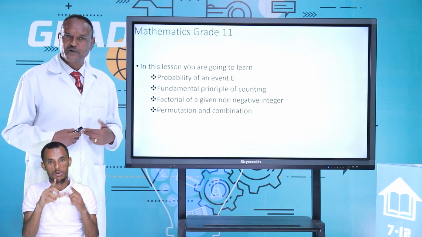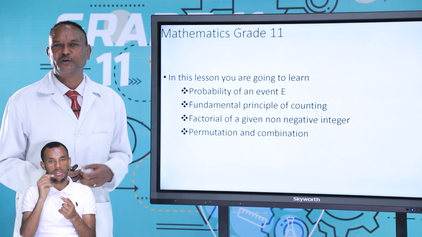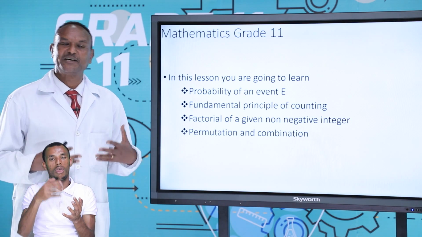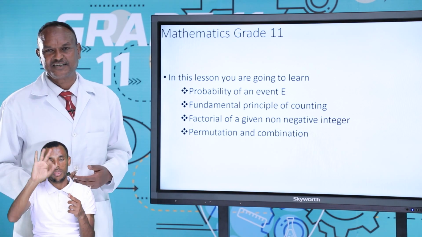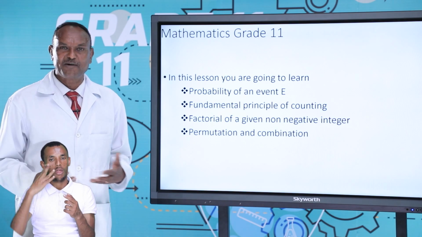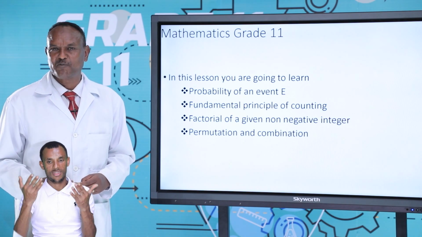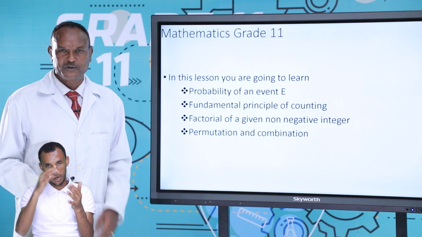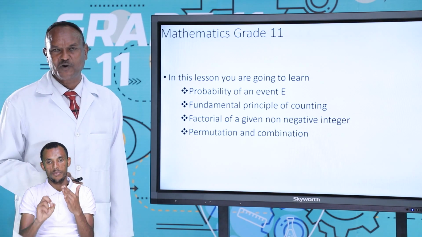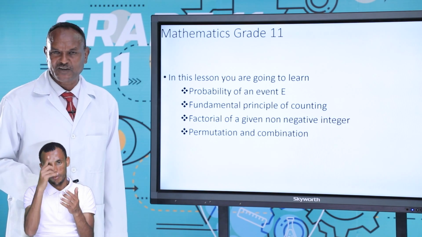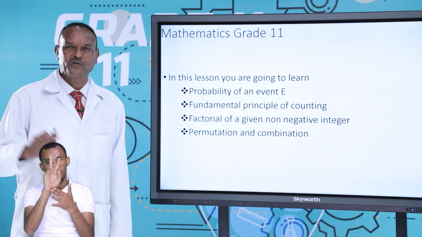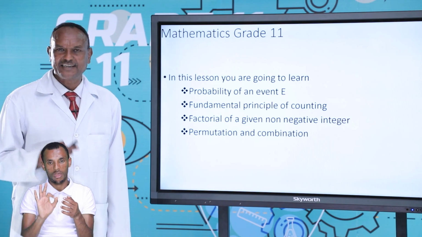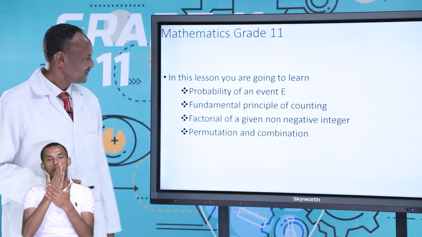If my interest is to get the event containing head, what is the probability of getting head? You will get the number of elements of the event, 1, divided by the number of possible outcomes, 2. So the probability of getting a head is half.